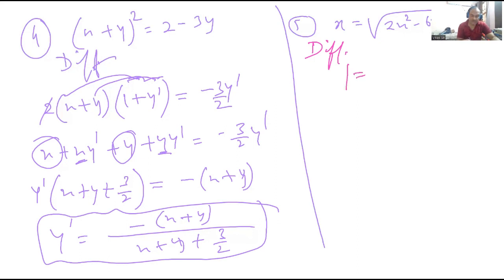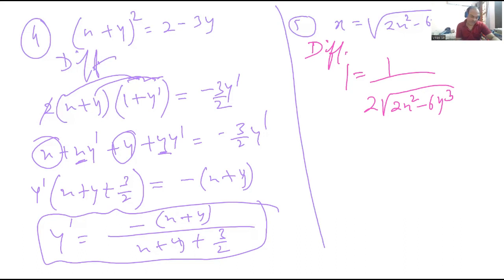And on this, first you have to differentiate the square root. You will be having 1 over 2 under root 2x square minus 6y cube. And here again, I'm applying the chain rule. You have to notice where we have to apply the chain rule.